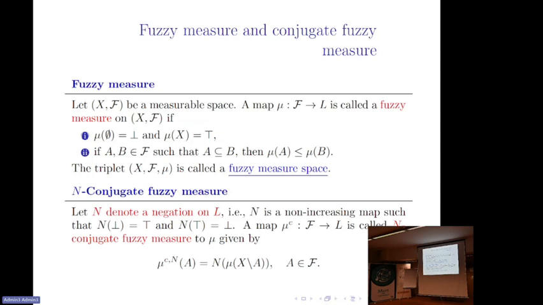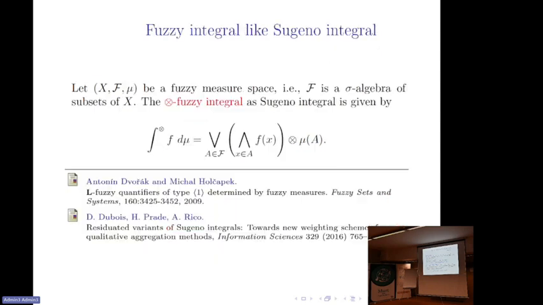So this is a new measure defined using the measure mu, the n-conjugate fuzzy measure. Let us recall the Sugeno-like fuzzy integral. This is a generalization: the supremum over all measurable sets from F, these are standard sets, not fuzzy sets, of the infimum over F(x) multiplied by the measure of the set A.